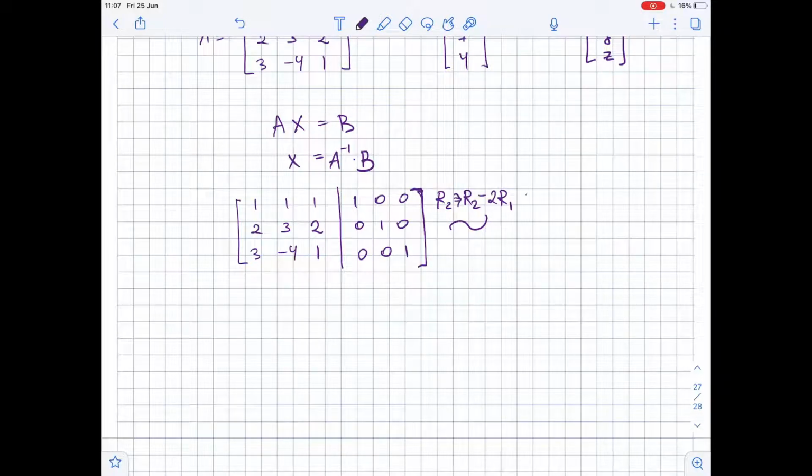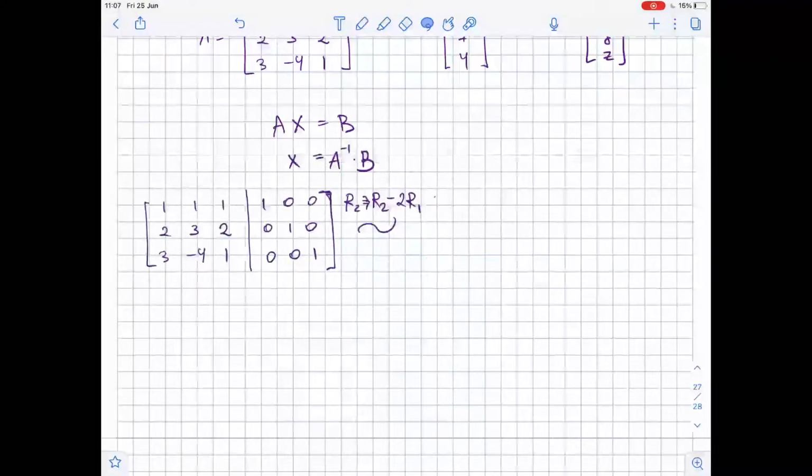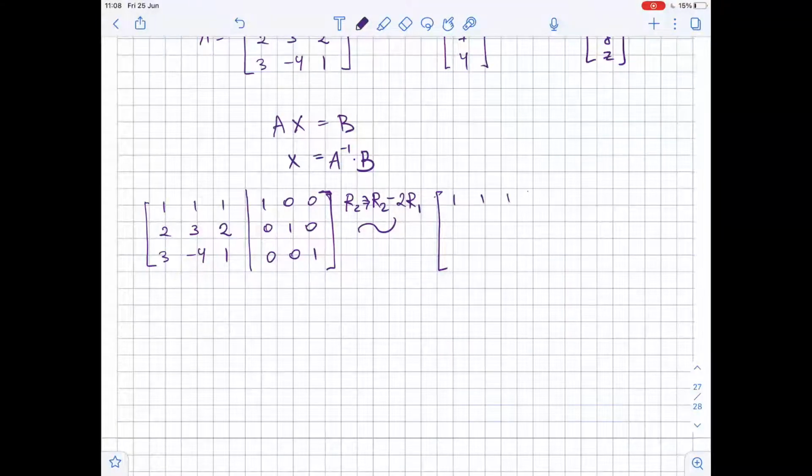Here we get the first row the same, but in row 2 we have 0, 1, 0, negative 2, 1, 0, and row 3 is the same.